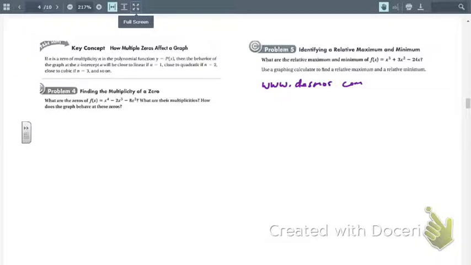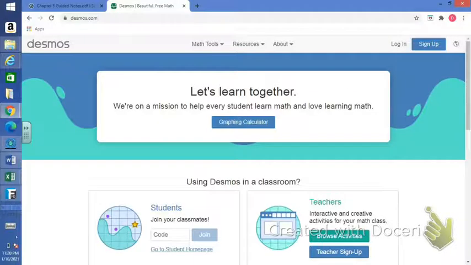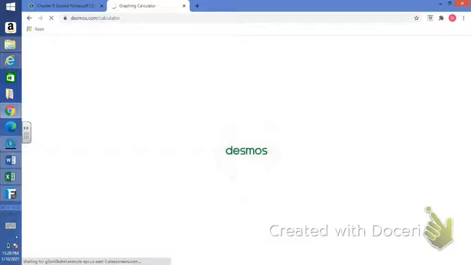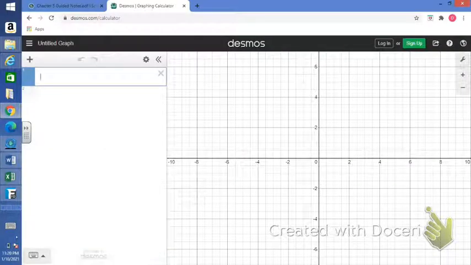So let's plug that in right now. Okay, so you should be on this page. We're going to click on graphing calculator. Okay, so it's going to take you here, and now you're just going to type in the polynomial.